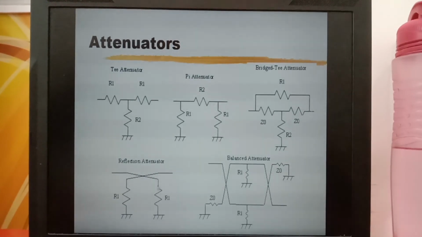We can also make attenuator using combination of hybrid coupler and resistor.